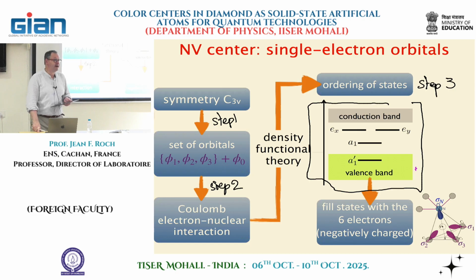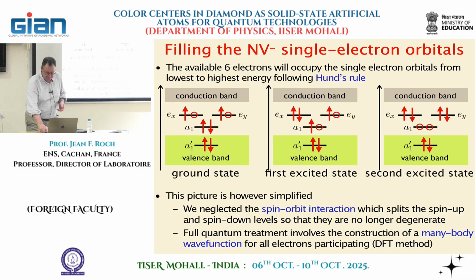Okay? And remember, we have 6 electrons for the NV minus center. Those 6 electrons will occupy the single electron orbitals from lowest to highest energy levels, following Hund's rule. It's the Pauli principle. I can put 2 electrons, since they are fermions, but with opposite spins, or in the associated singlet state, and we'll come back to that.